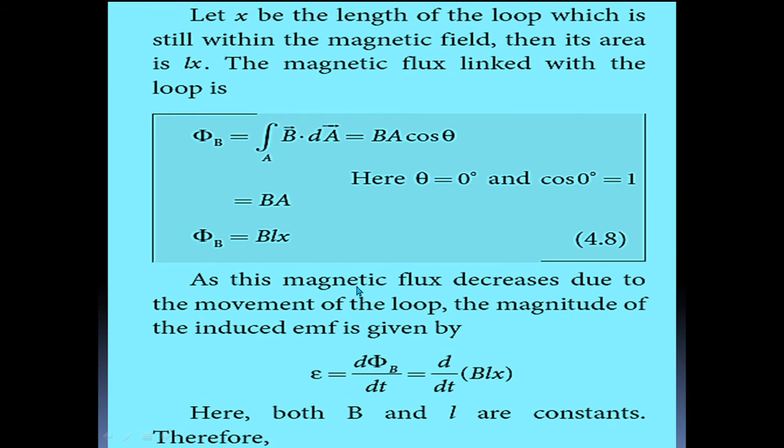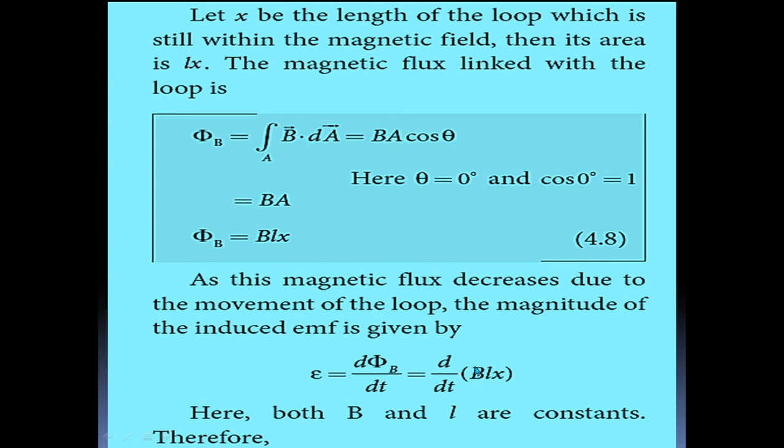As this magnetic flux decreases due to the movement of the loop, the magnitude of the induced EMF is given by the formula we already know: epsilon is equal to d phi B divided by dt. Here phi B is nothing but B into Lx. Substituting the value of phi B, we obtain d by dt of B Lx.